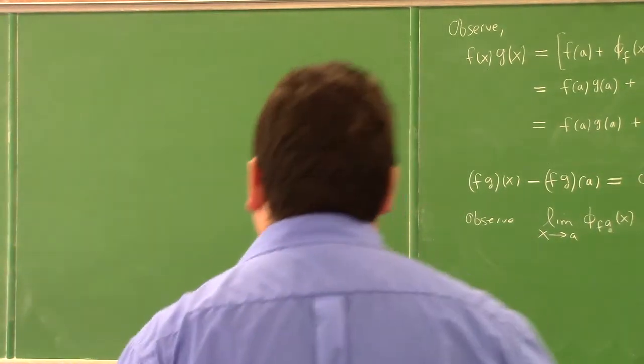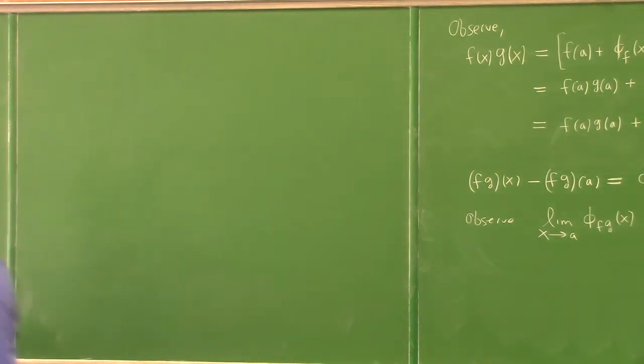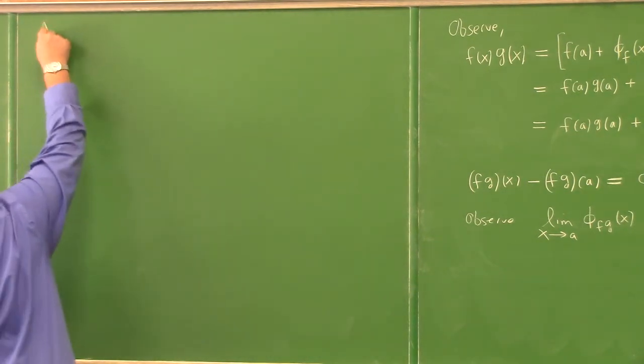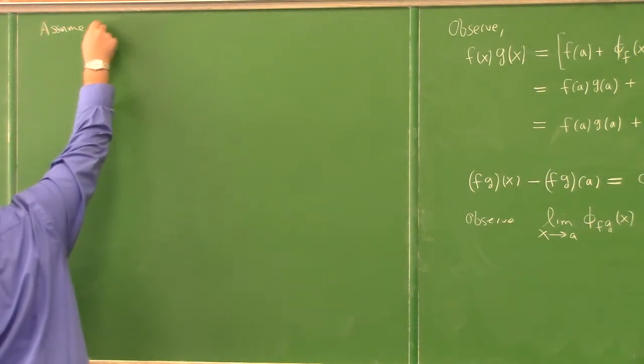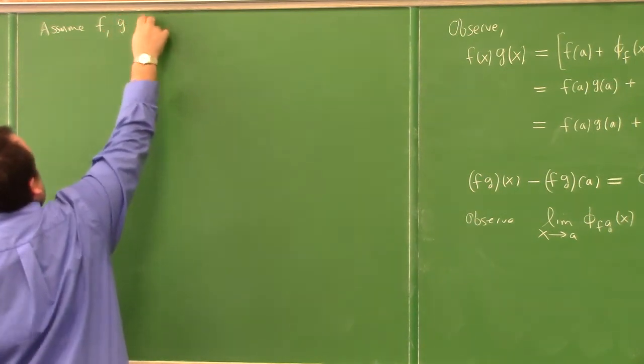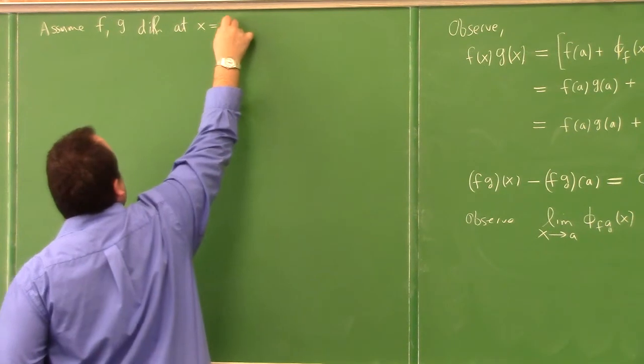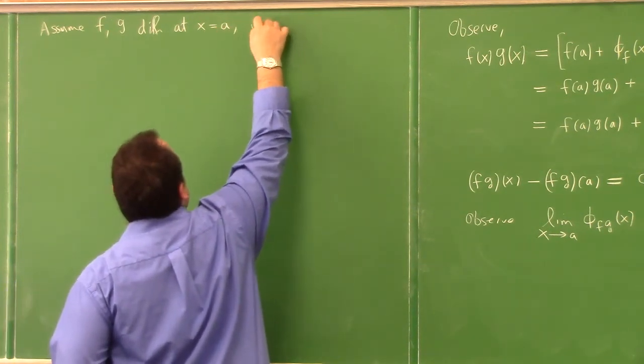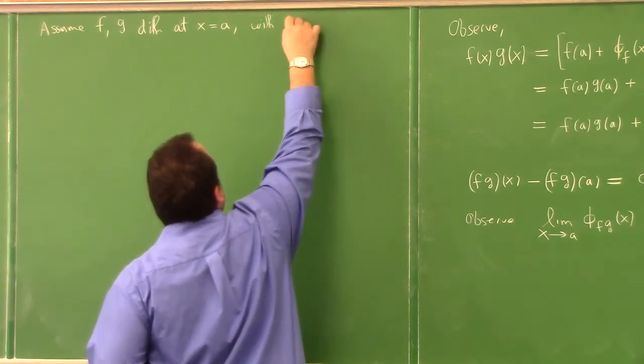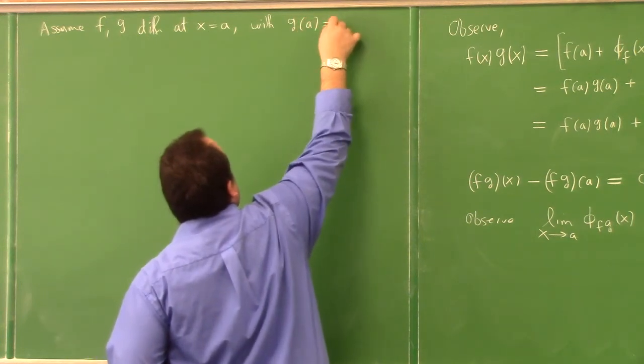So what are we going to do? We're going to assume f and g differentiable at x equals a. And we're also going to need g of a not equal to 0.